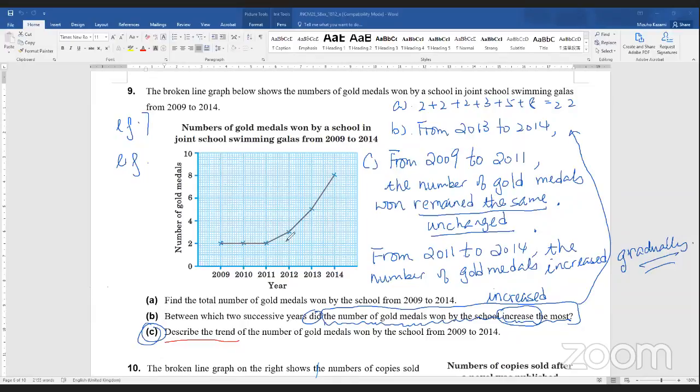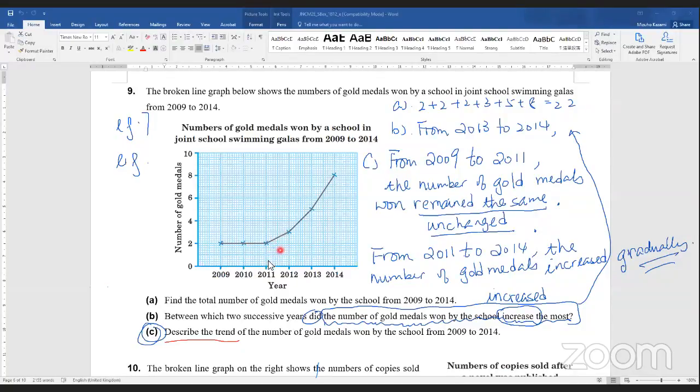Now, this part from 2009 to 2011, the behavior of this part is totally different from this one, because in this case there's no change every year: 2009, 2 medals, 2010, 2 medals, 2011, 2 medals.